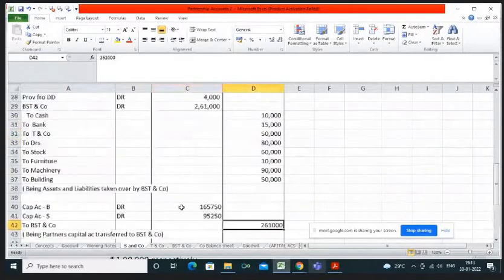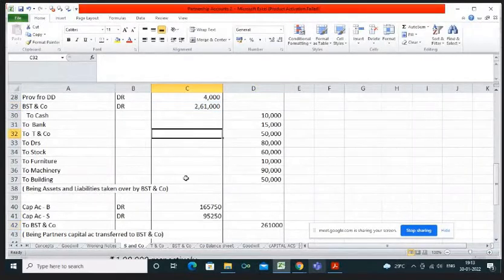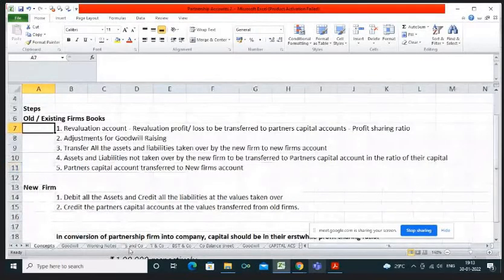So for all the assets, liabilities, capital accounts and the new firm's account, there is a debit and a credit here. Everything will become 0, and our existing books will be closed.